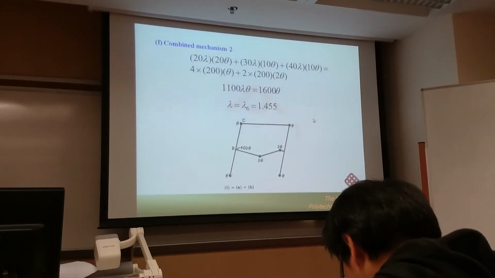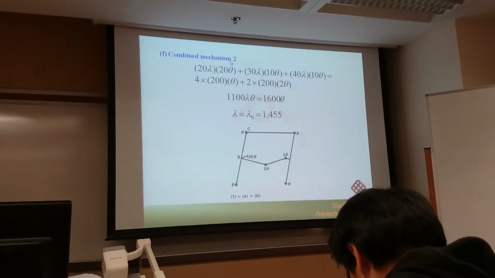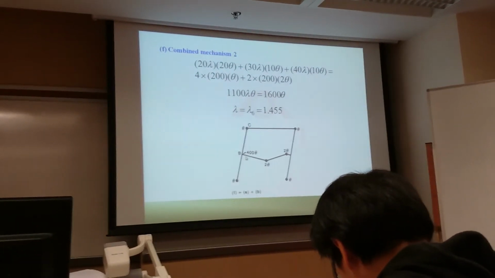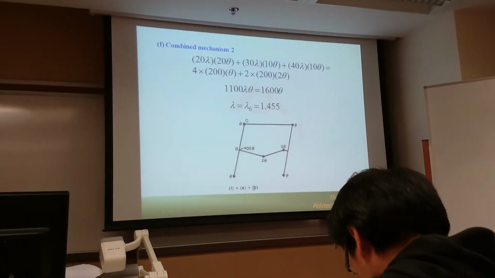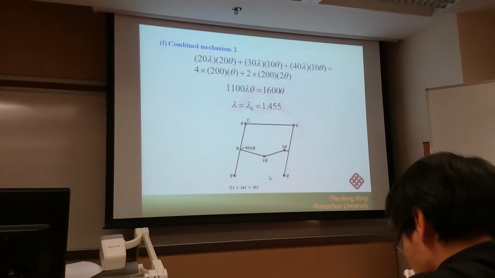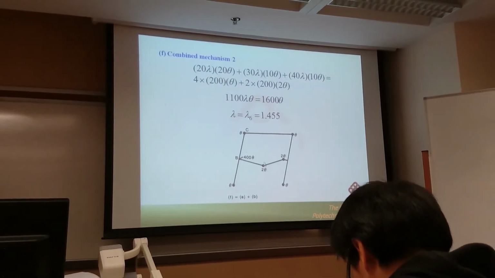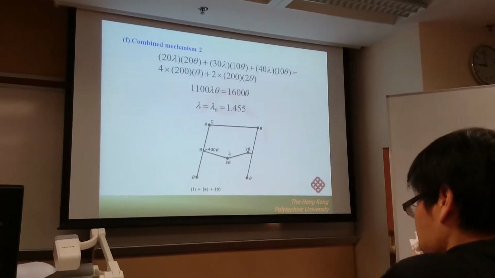And this is a combined mechanism 2. We assume here this is a radial connection. So here is 1 rotation, 1 theta, 1 theta, 1 theta. But at this point we have 2 theta.